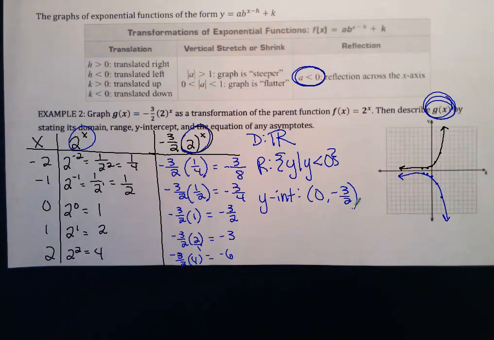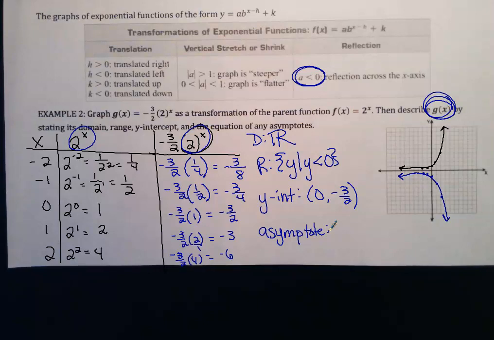The last one is the equation of any asymptotes. The asymptote is the line that the graph approaches but never actually intersects. You might even draw it where it looks like it's touching, but mathematically it's not touching it.